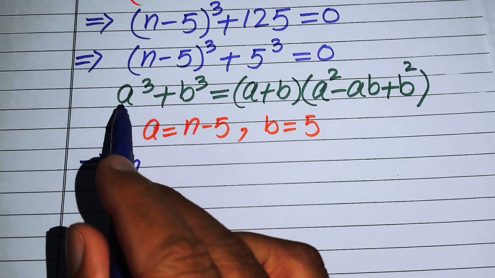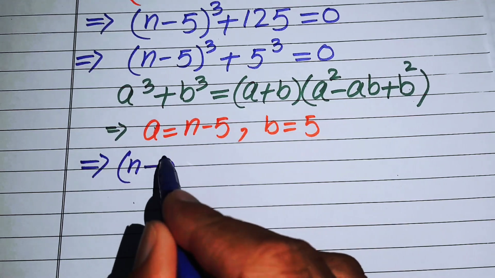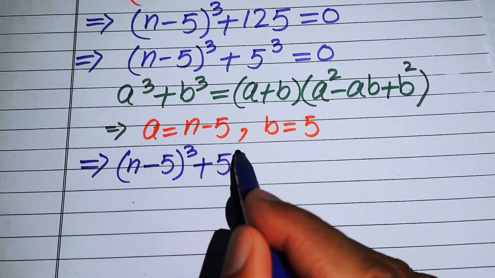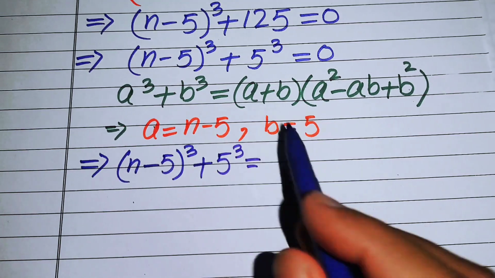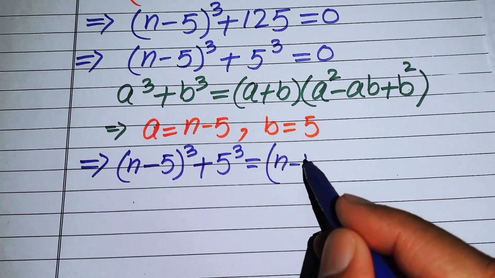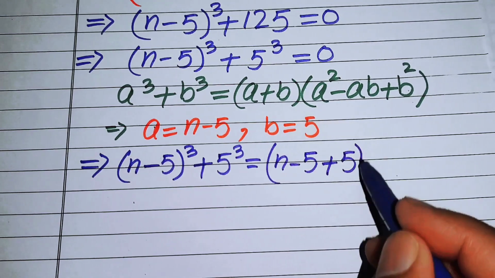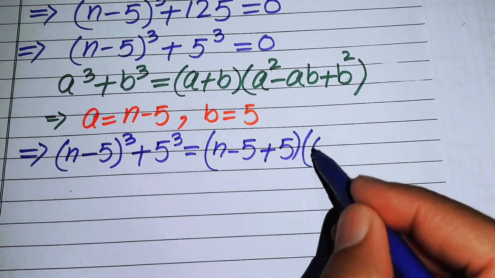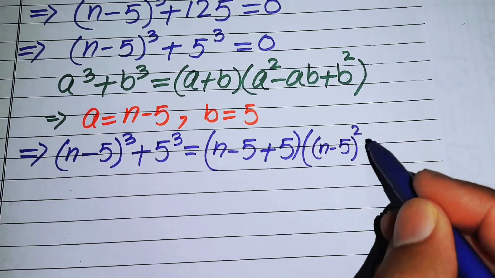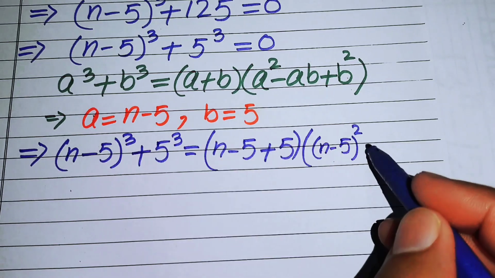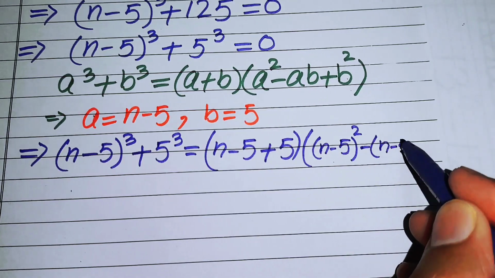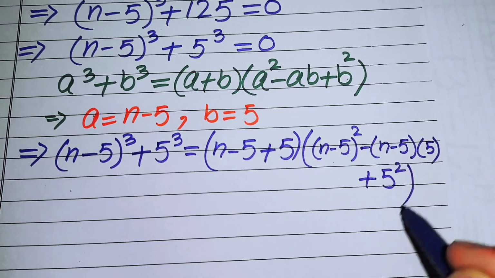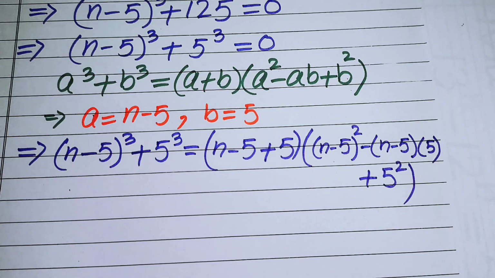here we obtain in the left hand side, when you put a equals n minus 5, then you get (n minus 5) cubed plus, when you put the value of b, and b is 5, so you get 5 cubed, and this whole equals to a plus b, and a is n minus 5 and b is 5, and this whole equals to, here you have a squared, and a is (n minus 5) whole square, and minus ab, so we have a is n minus 5 and b is only 5, and plus b squared, so b is 5, so we get here 5 squared.